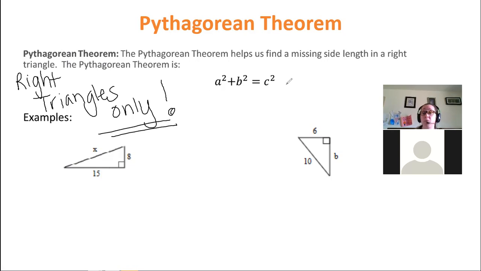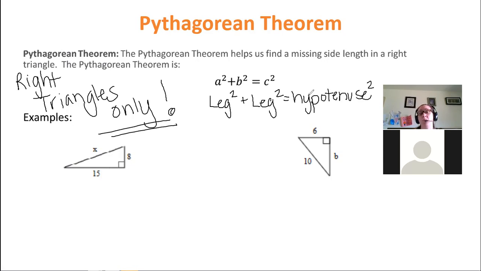So this is the formula. A squared plus B squared equals C squared. Another word for it is leg squared plus leg squared equals hypotenuse squared. Which side of a triangle do you think is the hypotenuse?